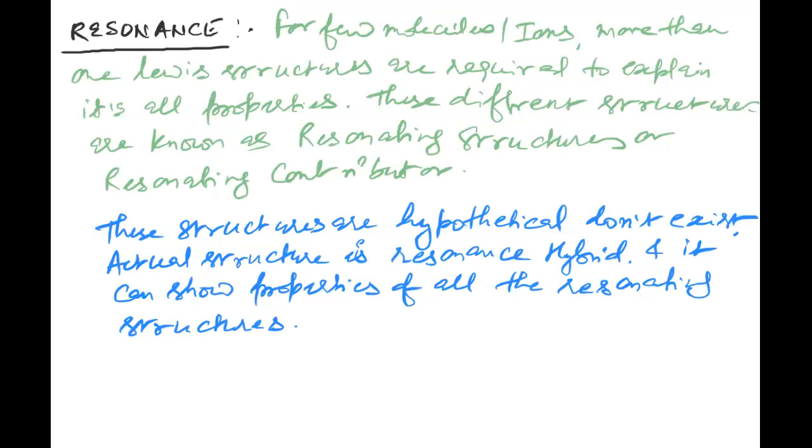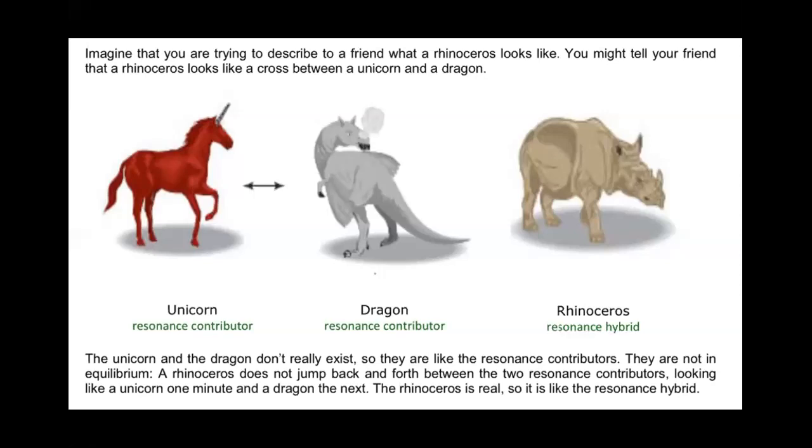Let's see an example related to resonating structures and resonating contributors. Imagine you are trying to describe to a friend what a rhinoceros looks like. You might tell your friend that a rhinoceros looks like a cross between a unicorn and a dragon.